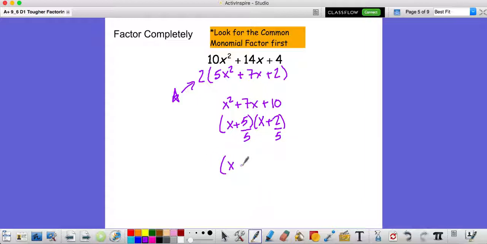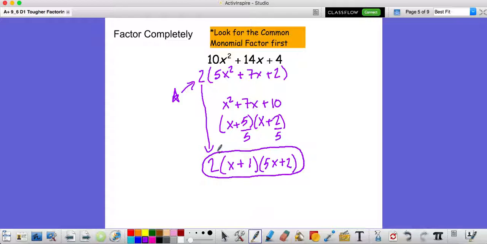So we have x plus 1 times, that doesn't divide evenly, swing the 5 up, 5x plus 2. So we're done, but we can't forget about that 2. But now this thing is factored completely. If you were to multiply all this stuff out, you would get back to 10x squared plus 14x plus 4.